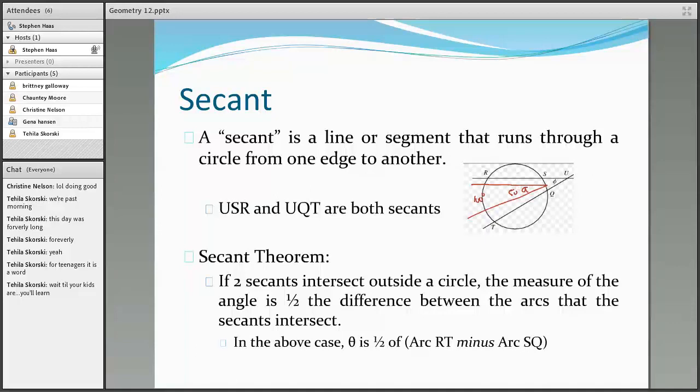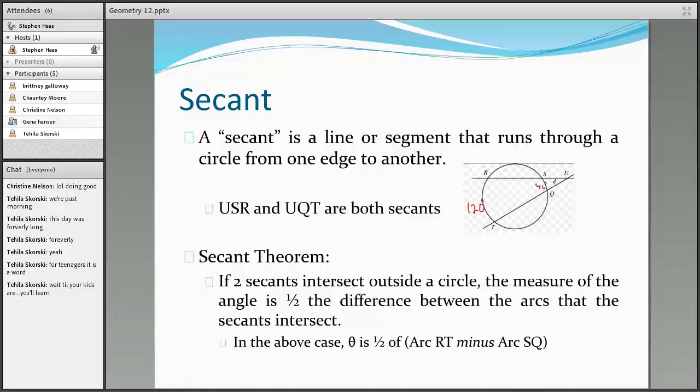When you're talking about secants that intersect outside the circle, the relationship is still 1/2, but instead of being 1/2 of the whole arc, it's 1/2 of the difference between the two arcs. So let's say this small arc SQ is 40 degrees of the whole circle, and the big arc RT is 120 degrees, which is 1/3 of the whole circle.